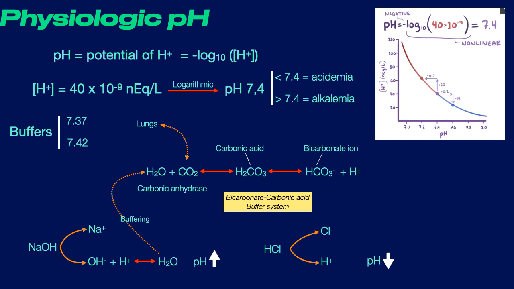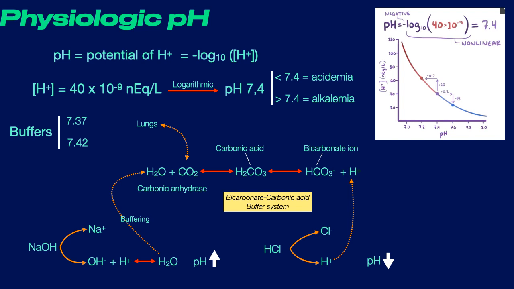The new hydrogen ions would get instantly grabbed by bicarbonate ions and converted to carbonic acid, which would then dissociate into carbon dioxide and water. Once again, this buffer normalizes the pH.